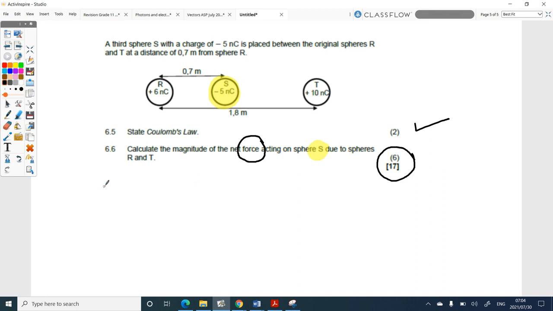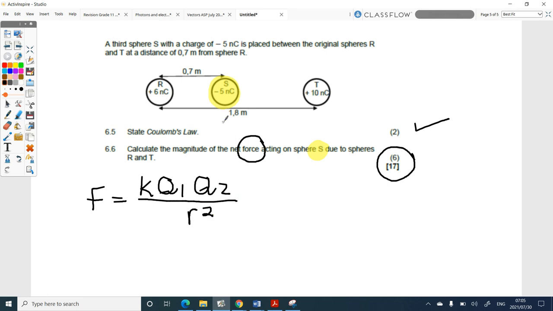F is equal to K times Q1, Q2 over R squared. Please remember we are not working with masses now, we're working with charges. So it's K, Q1, Q2 over R squared. Yes, so that's your step one.